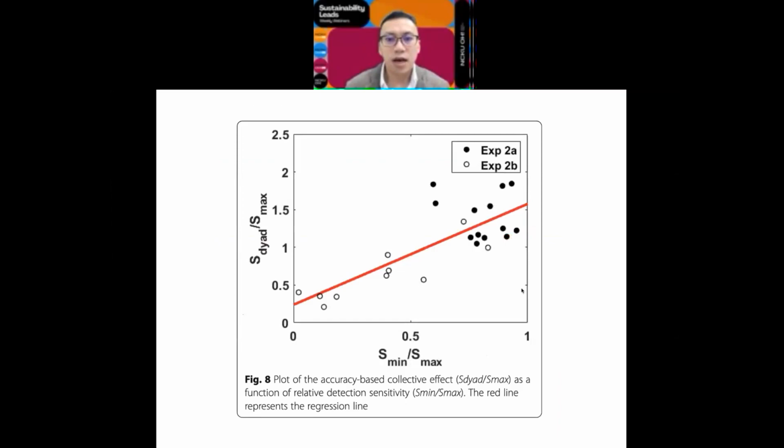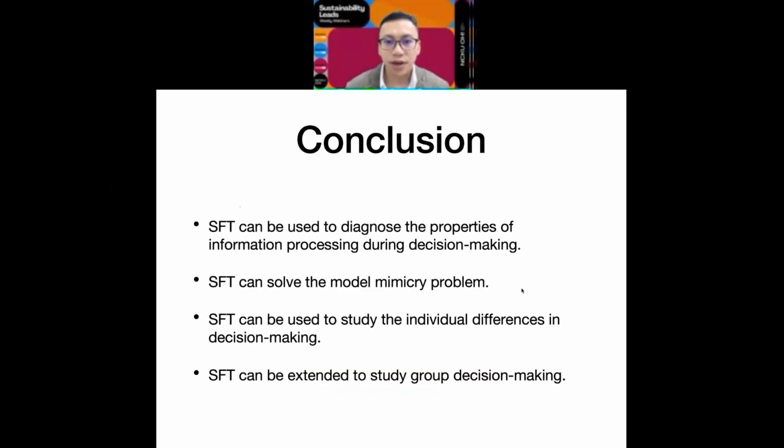So I will not go into details here, and I will give you some conclusions of my talk. My conclusion is that SFT can be used to diagnose the properties of information processing during decision making. And SFT can solve the model mimicry problem, as I mentioned at the very beginning of the slides.